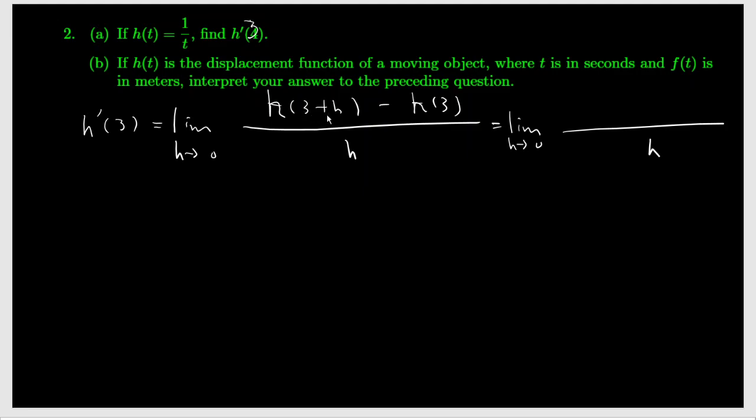The value of the function at 3 plus h. So this one is simple, right? Wherever you see t in the function, you replace t with 3 plus h. So can I just call it the value of the function h at 3 plus h? It's 1 over 3 plus h. Again, this is the value of the function at 3 plus h. Minus the value of the function at 3, I think it's 1/3, is that right?